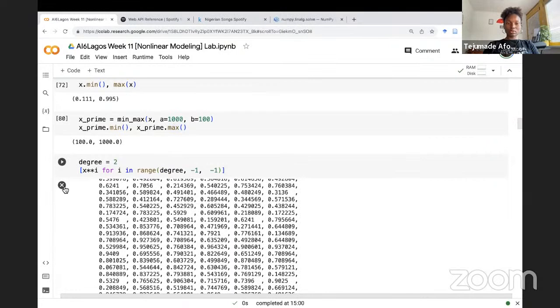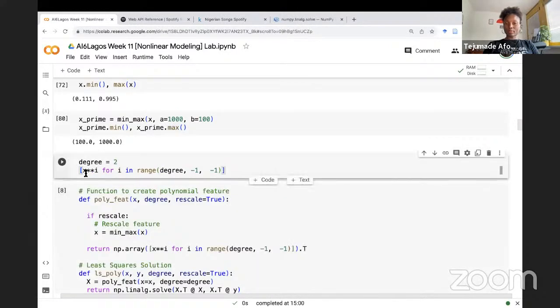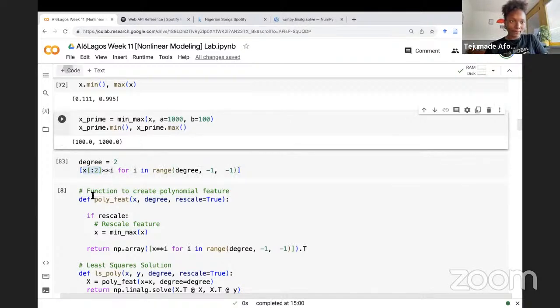Oh, this is not good. I know what it gave, but it's not good in terms of explaining what I wanted to explain. So what I would do is get a small version of x, like x2, so that you can see what happened there.